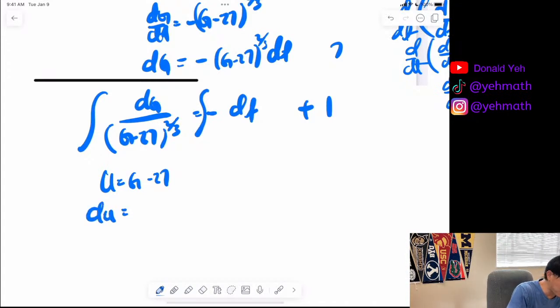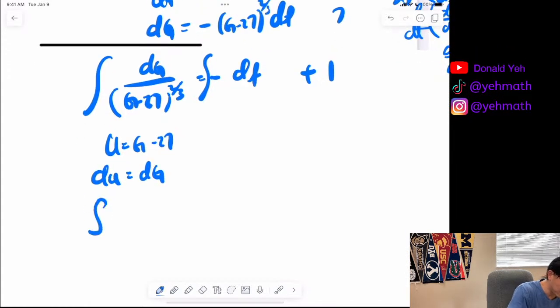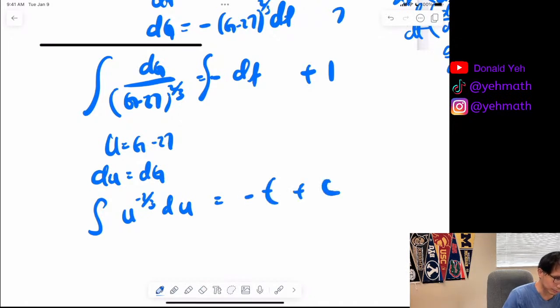A lot of people did natural log. That's not correct. This is dg, so that is going to be u to the negative 2/3 and the du, sorry, my fault. And this one's going to be negative t plus c.